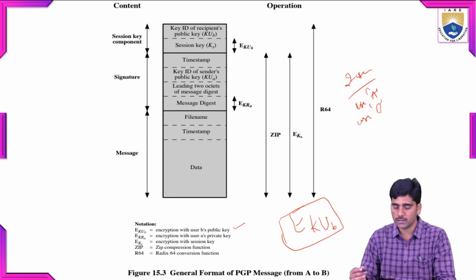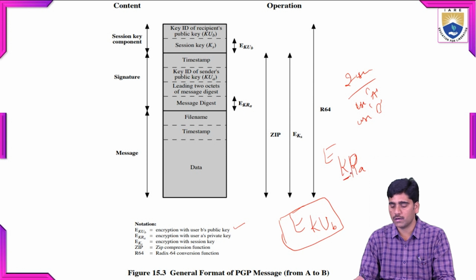Similarly, encryption with the user's private key: the K represents key, and the encryption with the receiver's private key is indicated by the R.